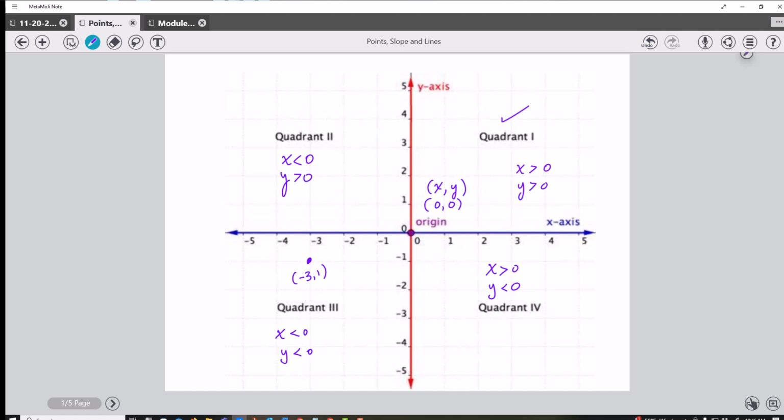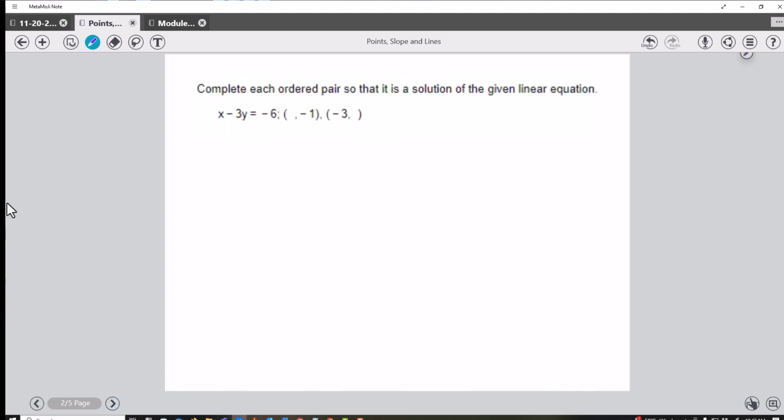All right, and so now that we know what these points are, also called ordered pairs, in this case, it says complete each ordered pair so that it is a solution. So I can see in this first one, I'm missing an x, and the second one, I'm missing a y.